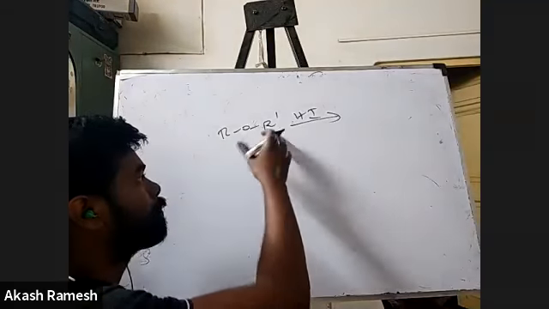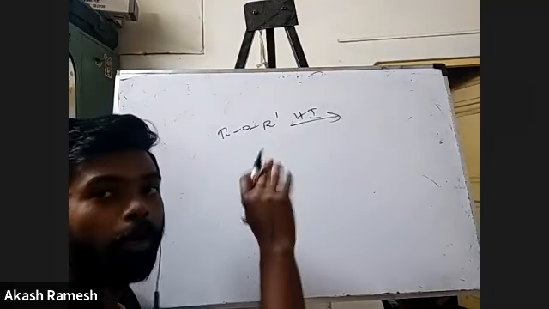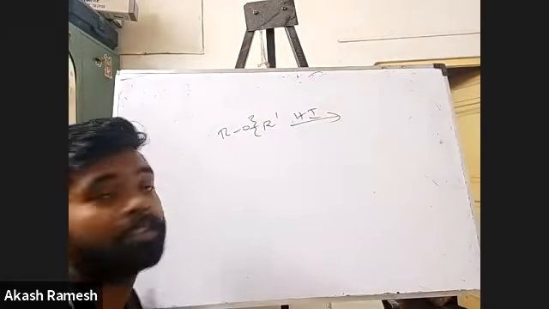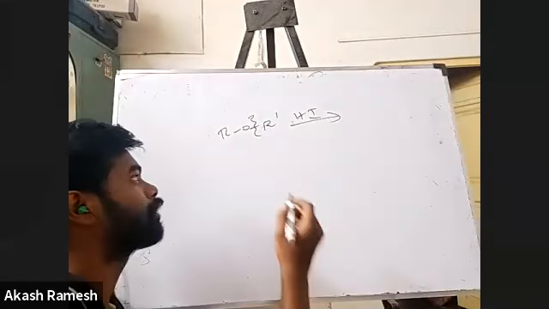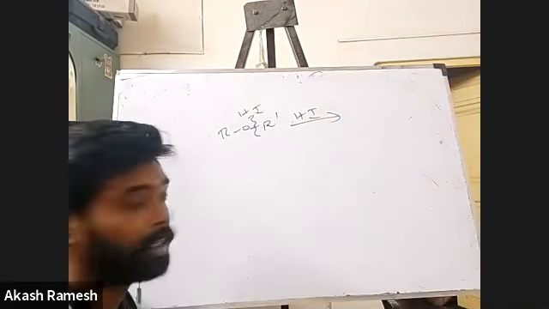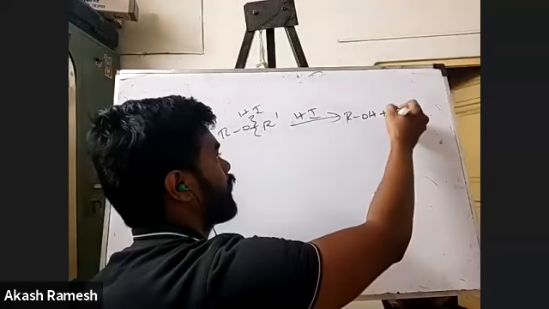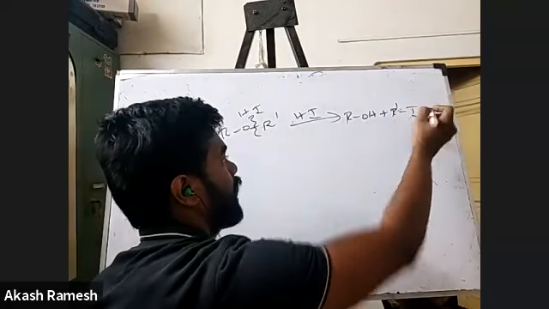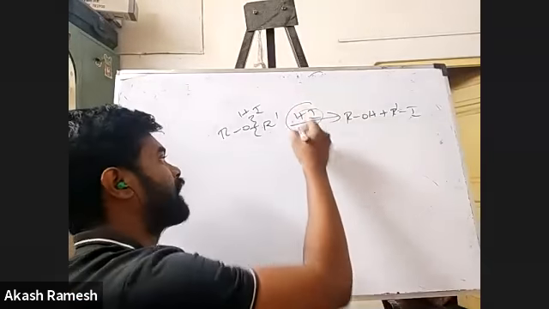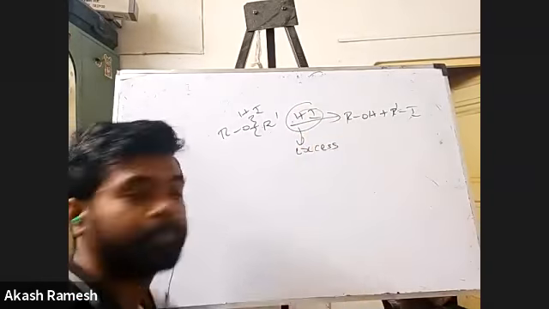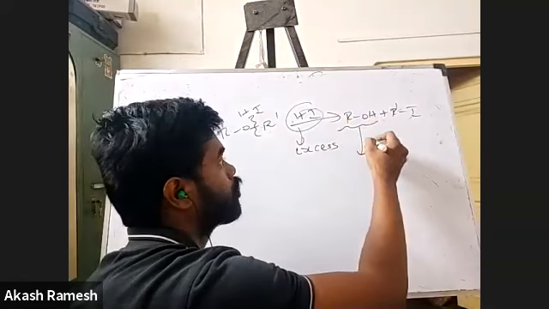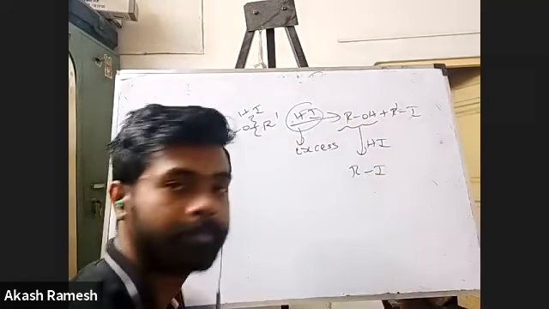Basically, I am going to break one of the C-O bonds, either this C-O bond or this C-O bond. Say, for example, if I break this C-O bond, now it's easy for us to understand. You will see that H will come here, I will come here, so I'm going to get RH plus R dash I. Now please understand, if HI was in excess, this product wouldn't have been formed, because this also will react with HI to form RI.